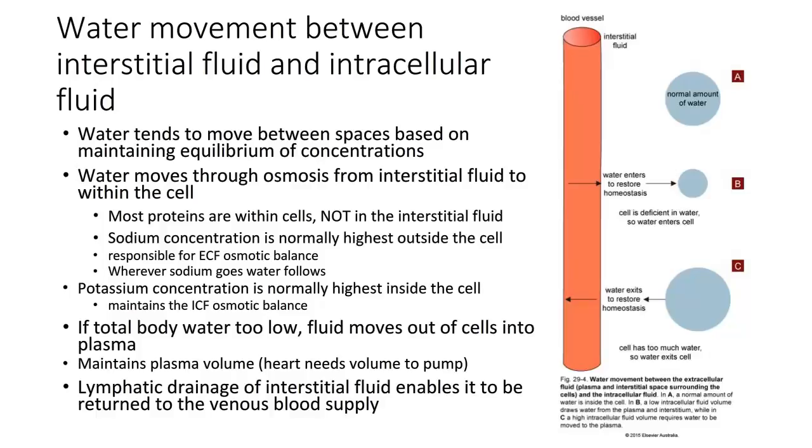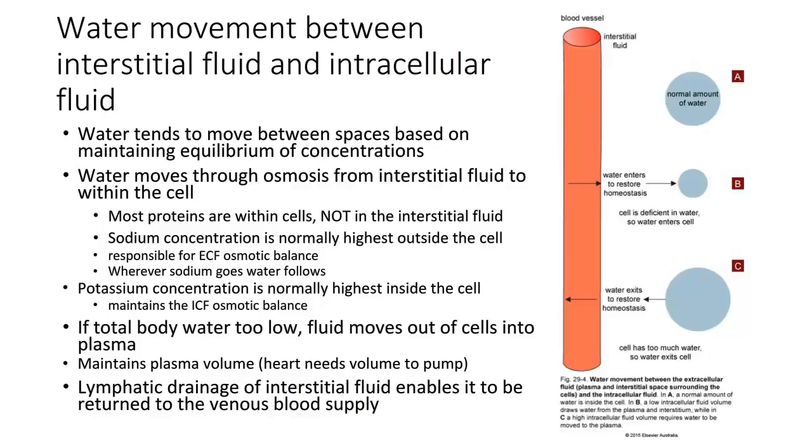But in B, we're showing a cell that is deficient in water. And that means that as the hydrostatic pressure forces the water out through the vessel wall, it moves into the interstitial tissues, and it will then move into the cell in order to create the right concentration of proteins within the cell.